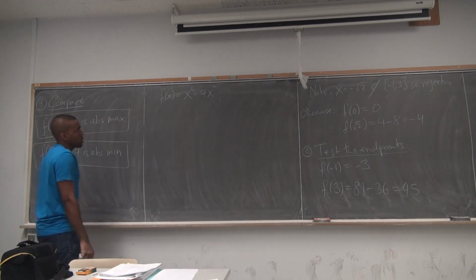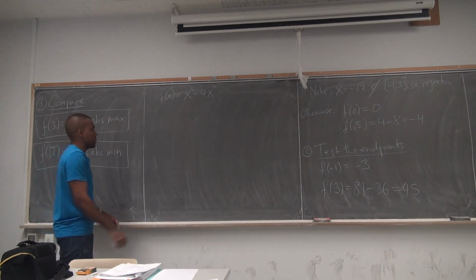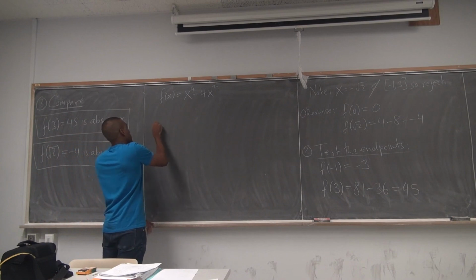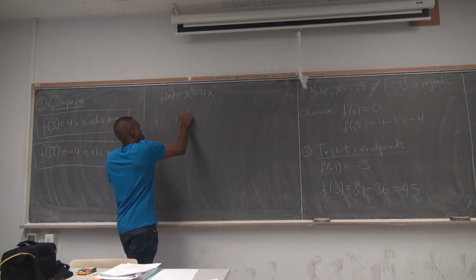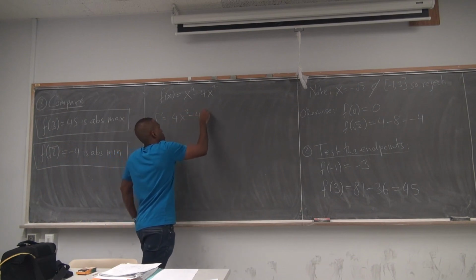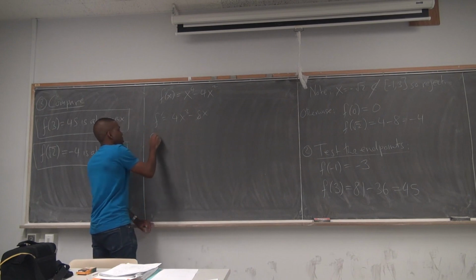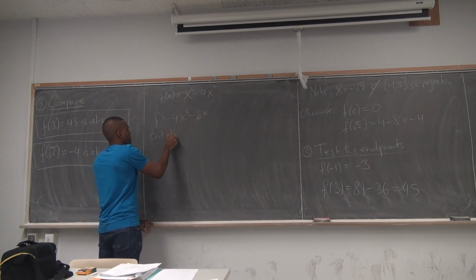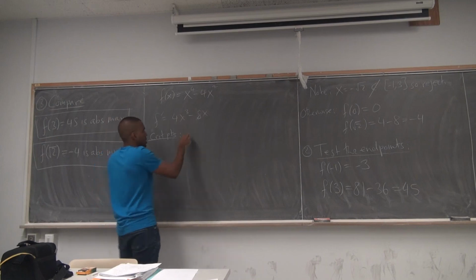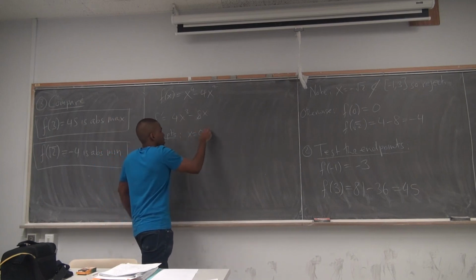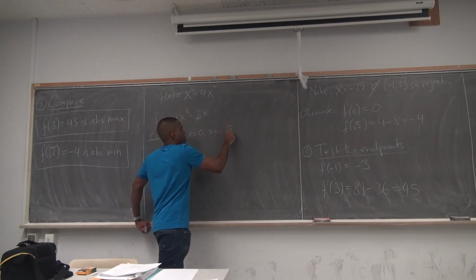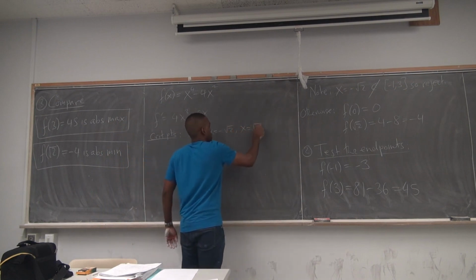One of the ways we're going to do this is, if you found f prime, which we already did, that's 4x cubed minus 8x. And then you found the critical points, where the derivative was 0. This was x equals 0, x equals minus radical 2, x equals positive radical 2.